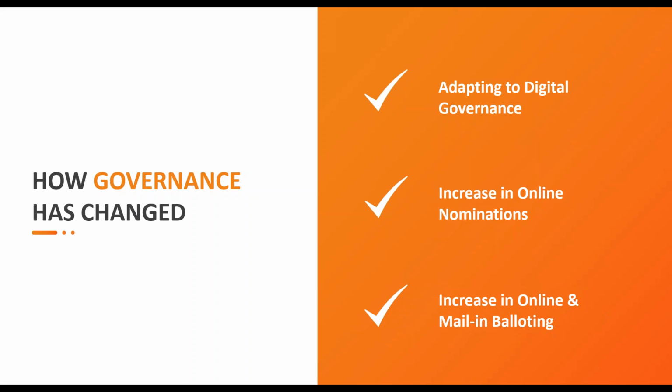So if you're thinking in terms of your annual election, it could have impacted your nominations, it could have impacted the actual voting, or your annual meeting itself. And some of the things we saw were a quick pivot to online tools and digital tools, particularly in the nominations side.